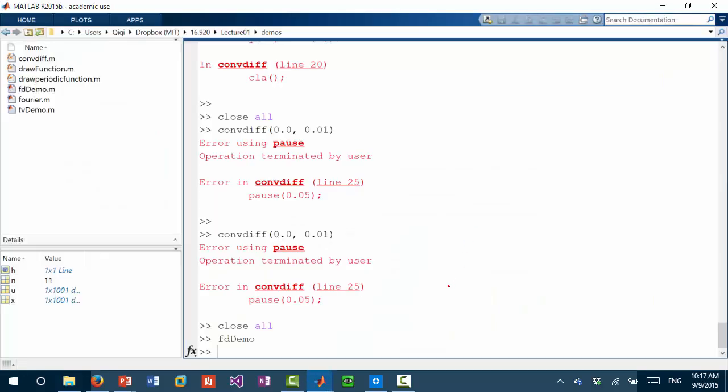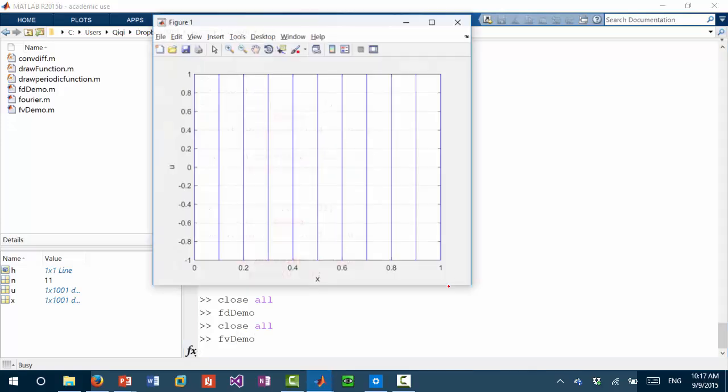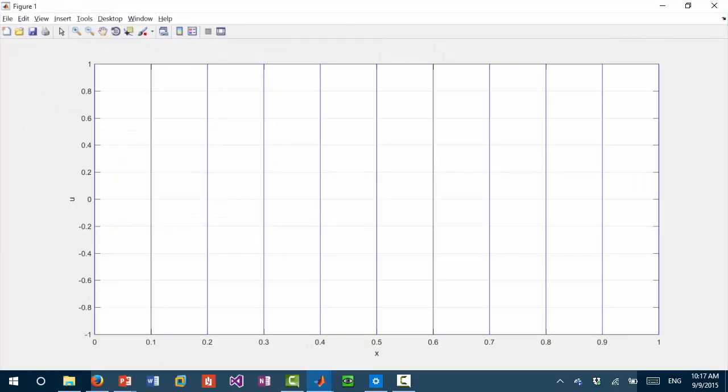This is as opposed to a finite volume, which is the second method of discretization we are going to talk about. So can somebody come up and draw me another function, and we are going to see how finite volume is going to discretize this function.